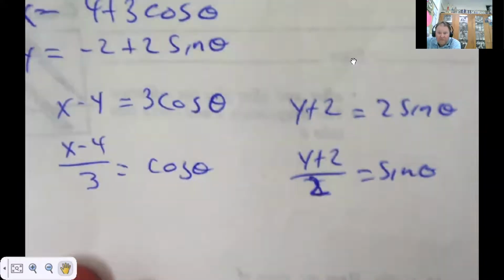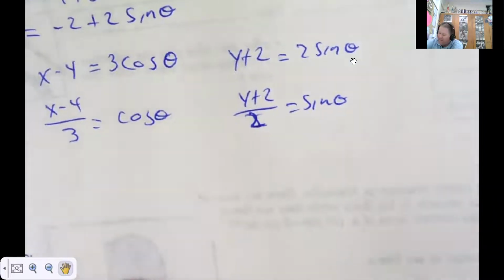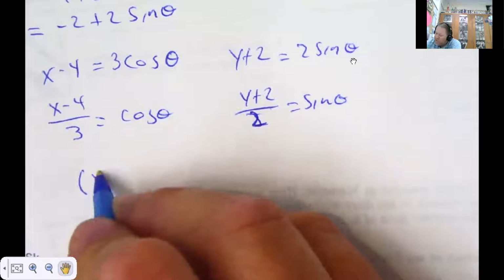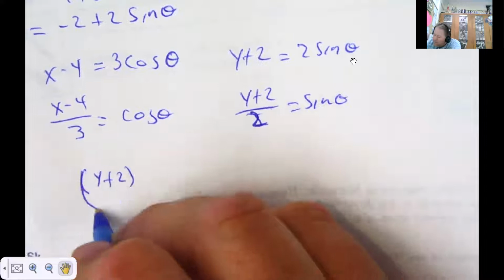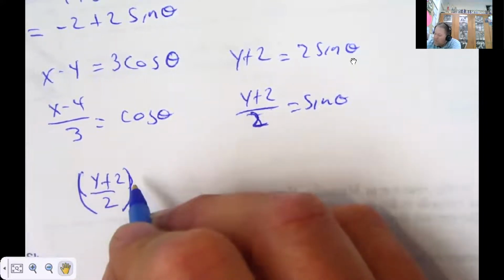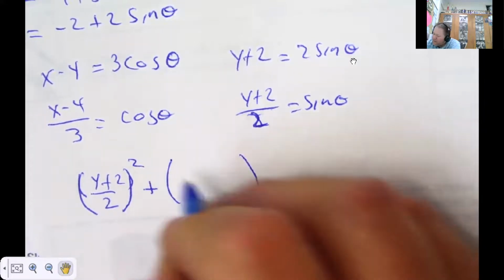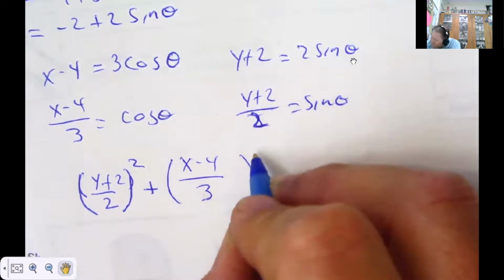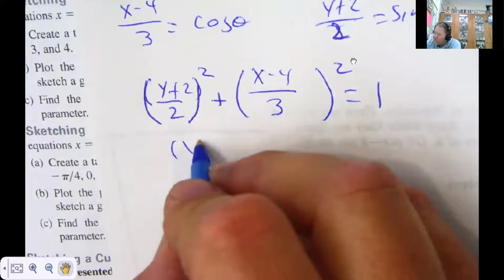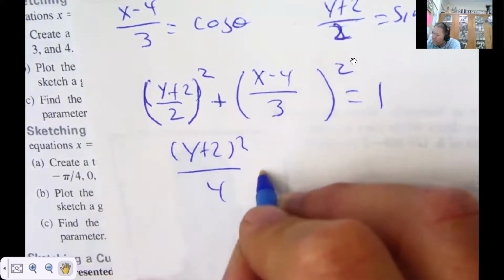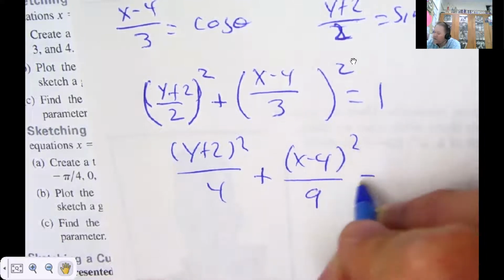And then keeping in mind the Pythagorean identity that says sine squared plus cosine squared equals 1, let's do that. So sine squared should be ((y plus 2) over 2) squared, that quantity squared, plus ((x minus 4) over 3) squared, that's what cosine is, equals 1, which is (y plus 2) squared over 4 plus (x minus 4) squared over 9 equals 1.